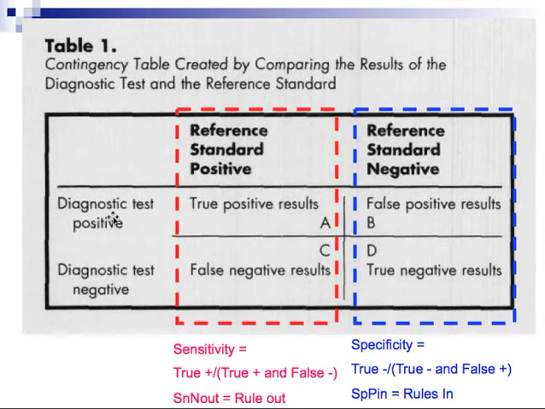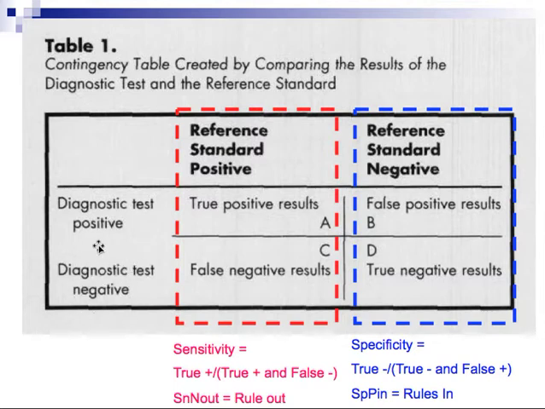So the diagnostic test said it was positive and the reference standard said it was positive. And then there are those the diagnostic test said were negative, but in fact they were positive. So the false negatives would be here. So in this first column, we have all the positives on the reference standard, including the true positives and the false negatives. And similarly, in the second column, we have the agreement between the reference standard and the diagnostic test.